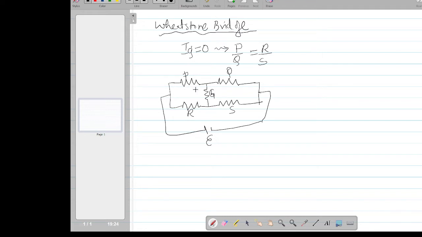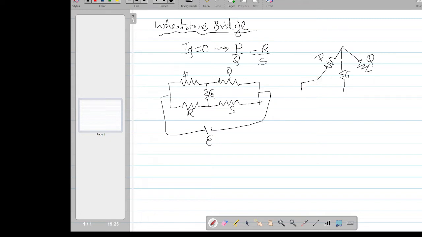With the help of this circuit, I can also draw the diagram like this. This is P. One end of P is connected to another resistor Q, and P is also connected to the resistor G, and the other end of P is connected to the EMF.